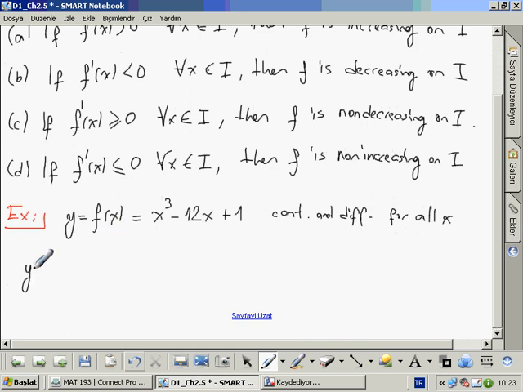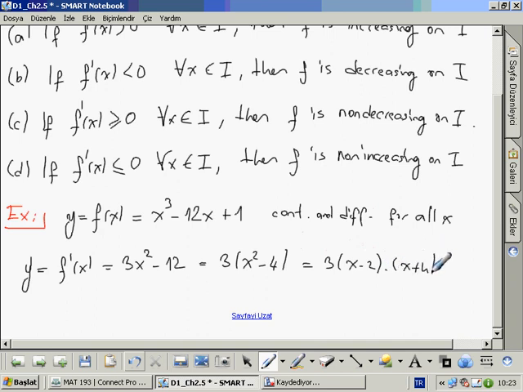And y prime equals f prime of x equals 3x squared minus 12, which equals 3 times (x squared minus 4), which equals 3 times (x minus 2) times (x plus 2).